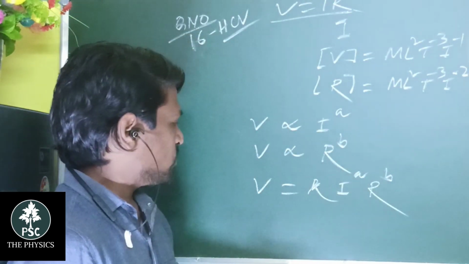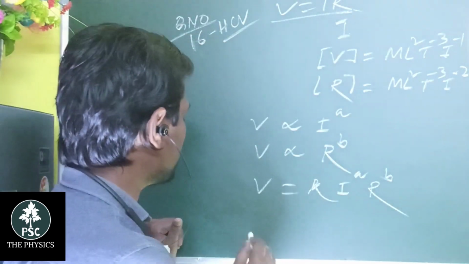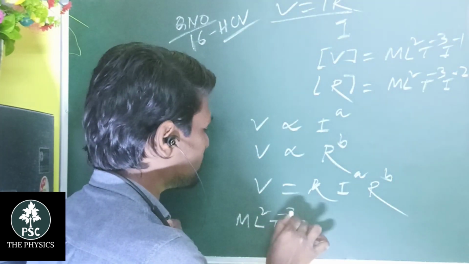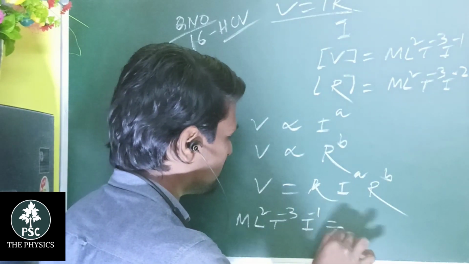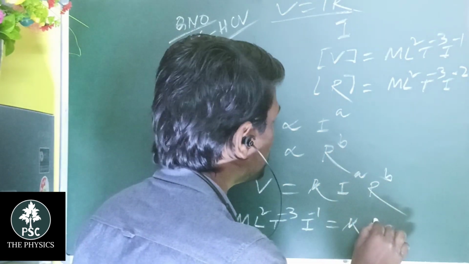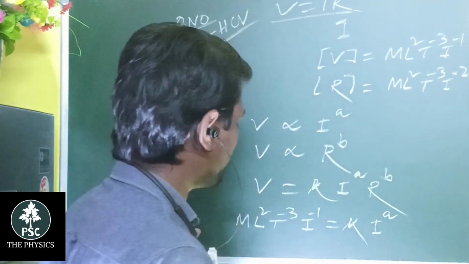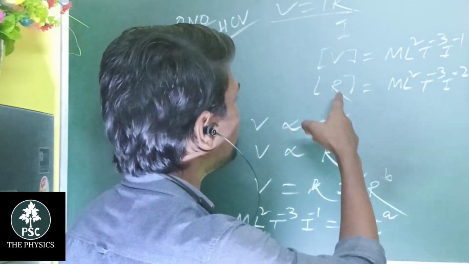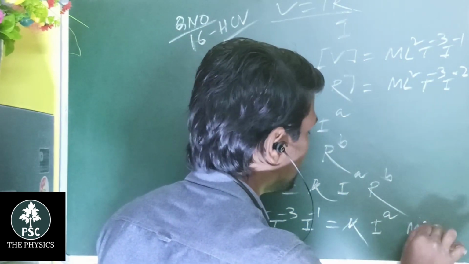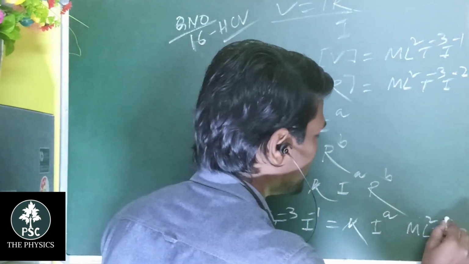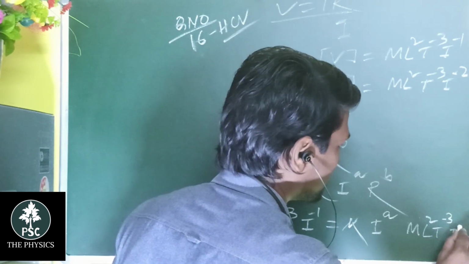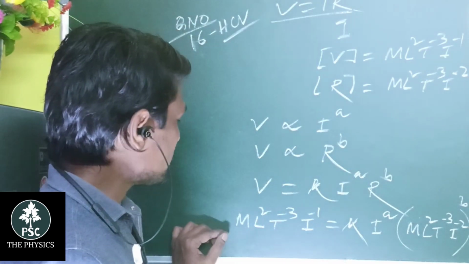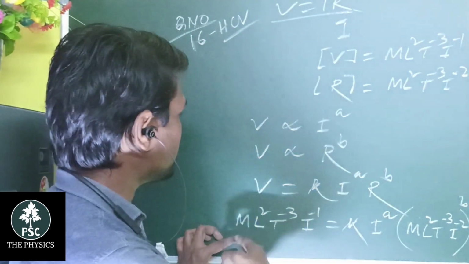Now put in the dimensions. In place of V you write ML^2 T^-3 I^-1, then kappa, I to the power A, and R to the power B, that is (ML^2 T^-3 I^-2) whole to the power B. Then compare the dimensions.